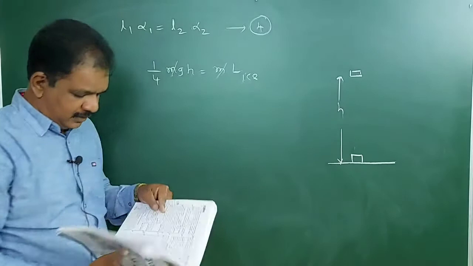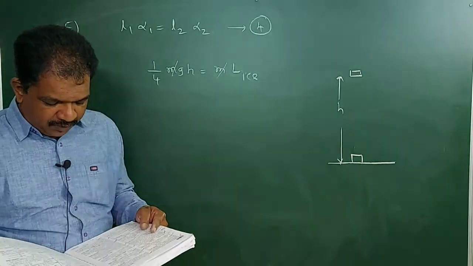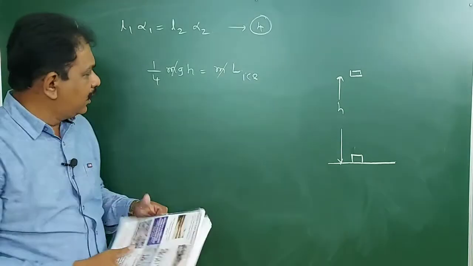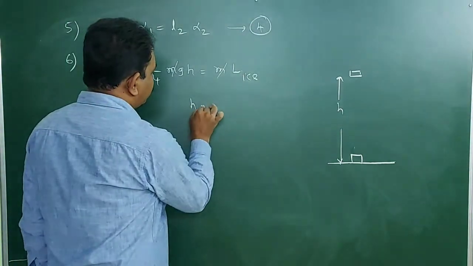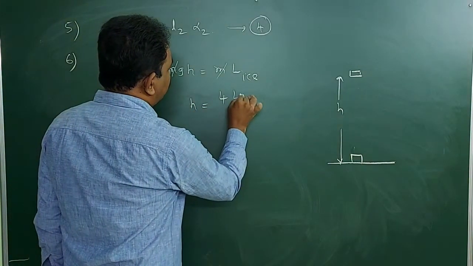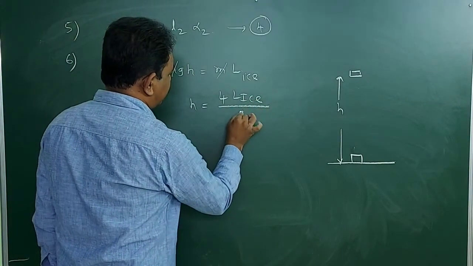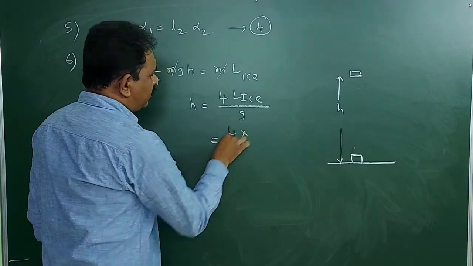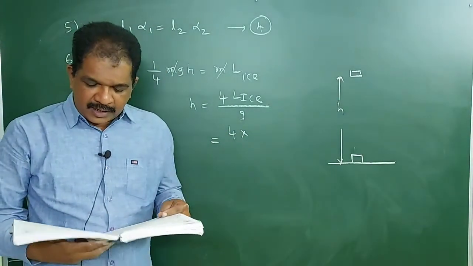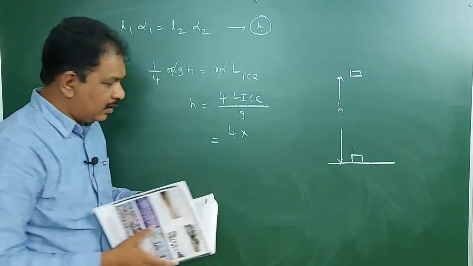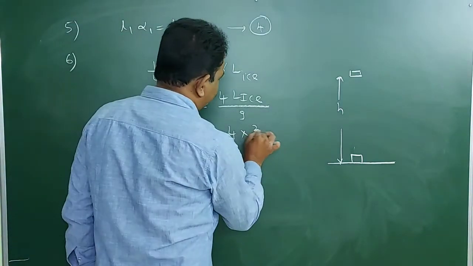They are asking h value. So h is equal to 4 into L ice by g. 4 into L ice, value they gave 3.4 into 10 power 5.